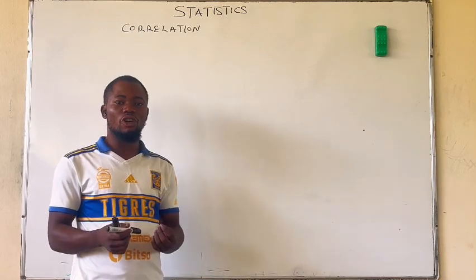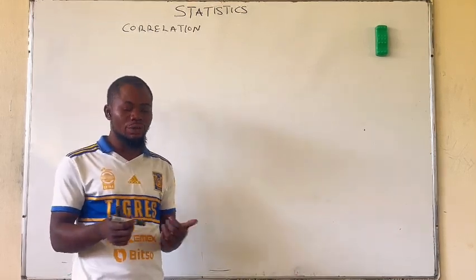Now, there are different types of correlation depending on the direction.